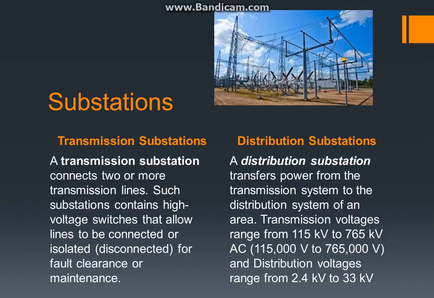Transmission voltages range from 115 kilovolts to 765 kilovolts alternating current, or in other words, 115,000 volts to 765,000 volts, and distribution voltages range from 2.4 kilovolts to 33 kilovolts. And these voltages are all very dangerous, so we wouldn't want to fly a kite around them or get near them because we could get injured very quickly. Exactly, you don't want to mess around with them.